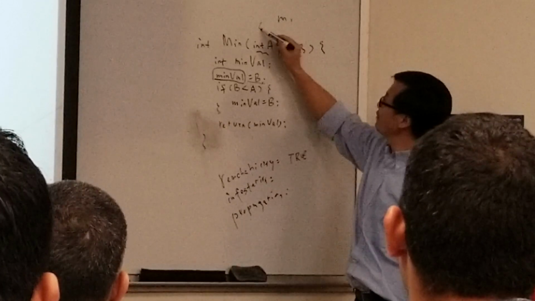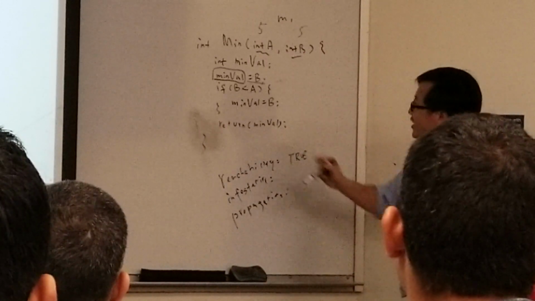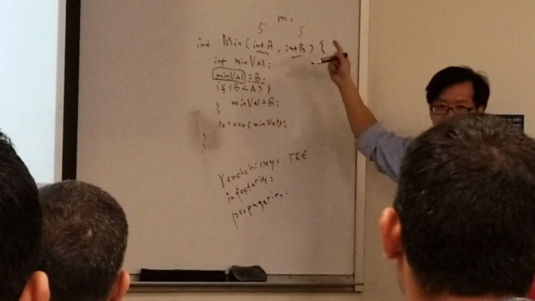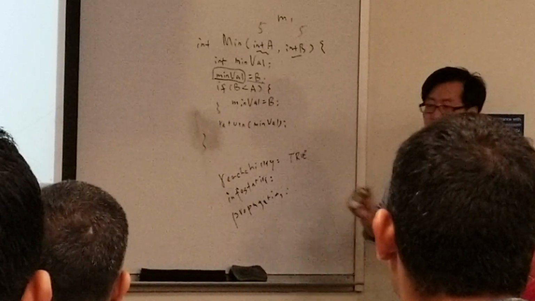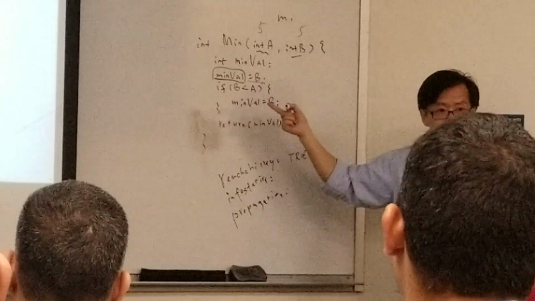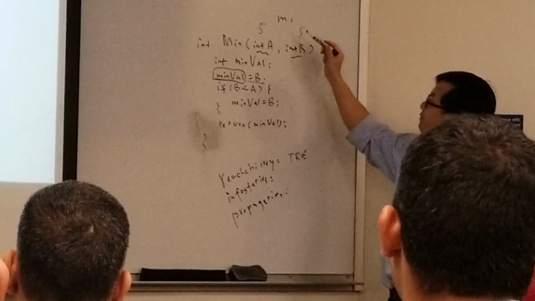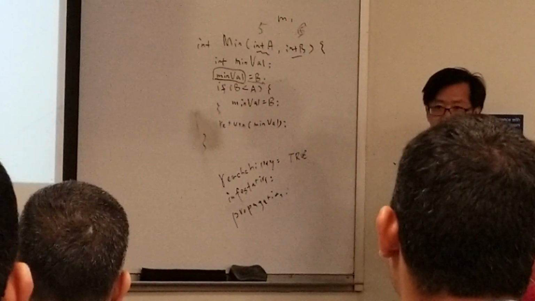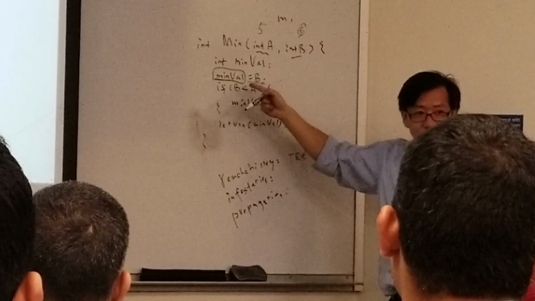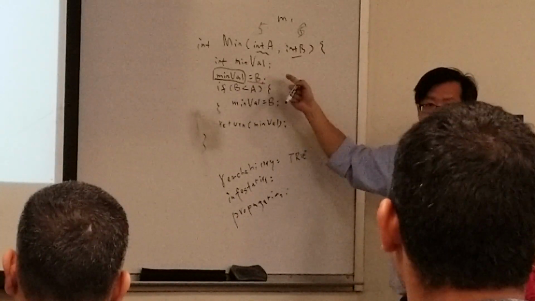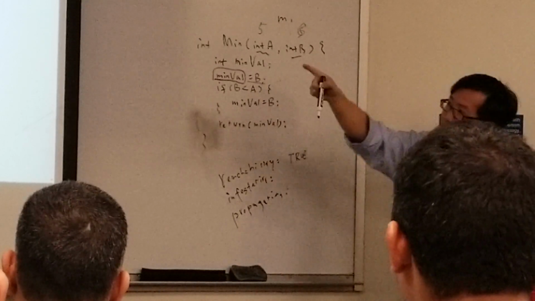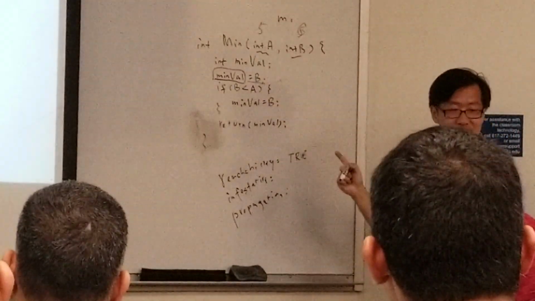Okay, let me put it this way. If this is 5, this is 5, and I give a test case 5, 5, do you produce an incorrect state? No. At minimum, this variable would have the correct value, right? What if I give 5, 6? When you look at the state, the value of this variable, you will say, I'm supposed to get 5, because it's supposed to be A, instead of 6.